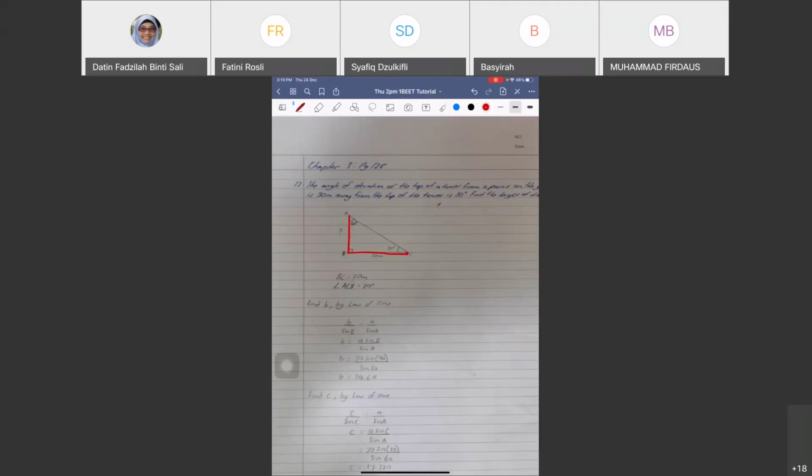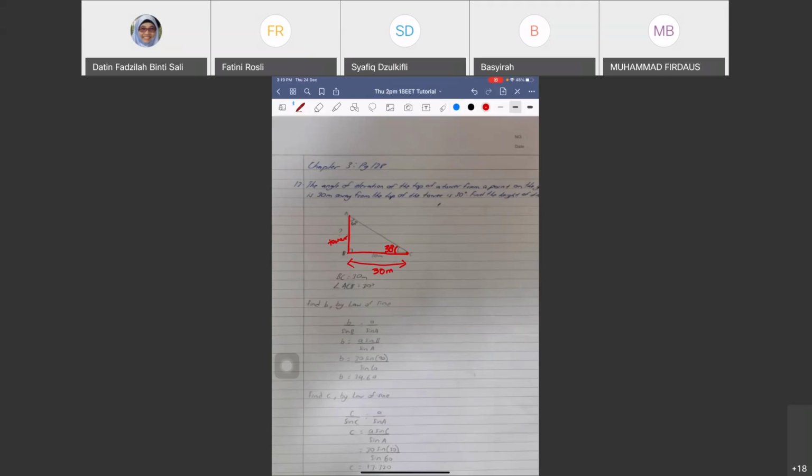Then you have the angle of elevation here, 30 degrees. And the distance from the tower is 30 meters.